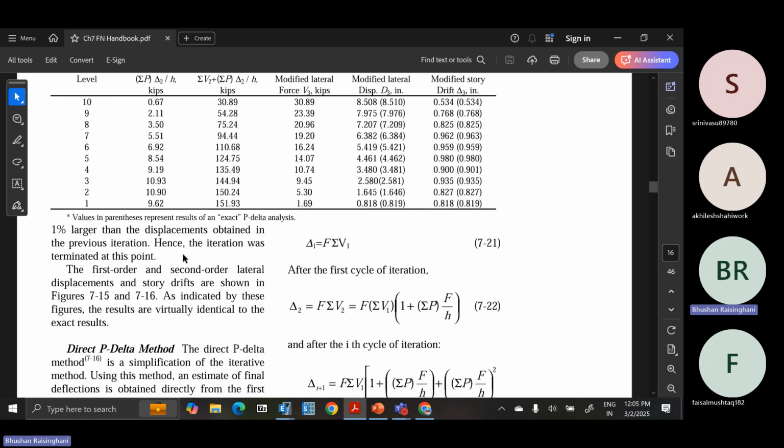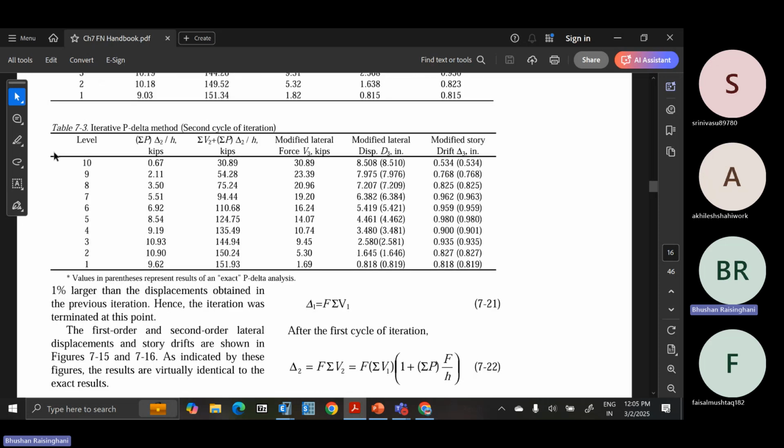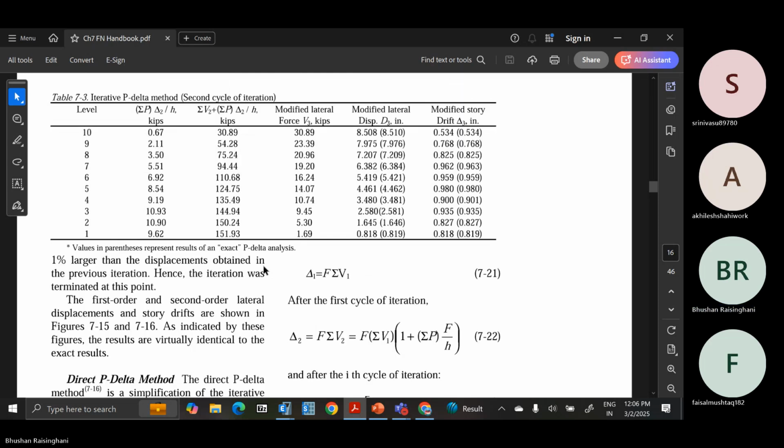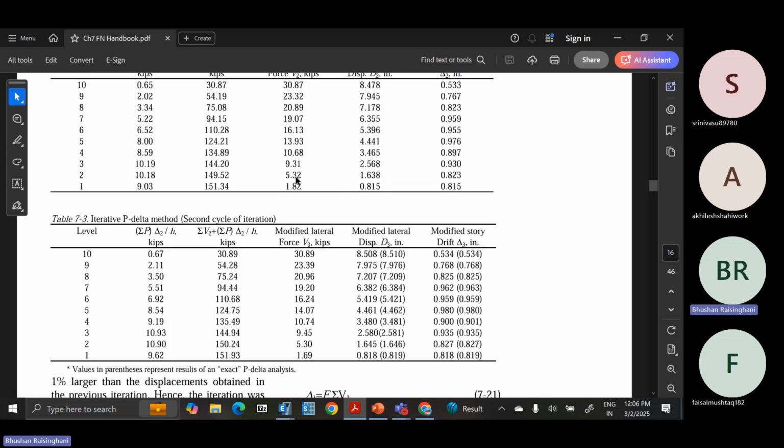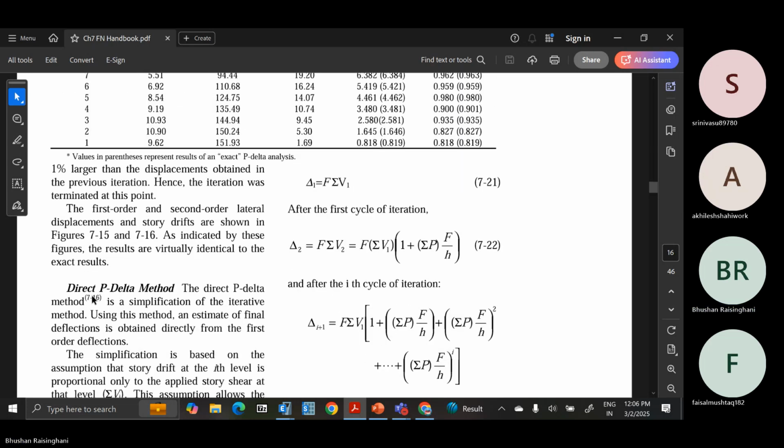So that's why we have stopped the analysis after the second run. And we can say this table is final for the story shear, the displacement and the drift condition. So your displacement and drift has to be concluded, because only 1% difference is now coming from iteration 1 to iteration 2.